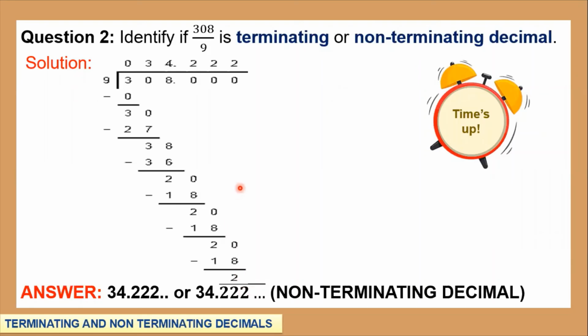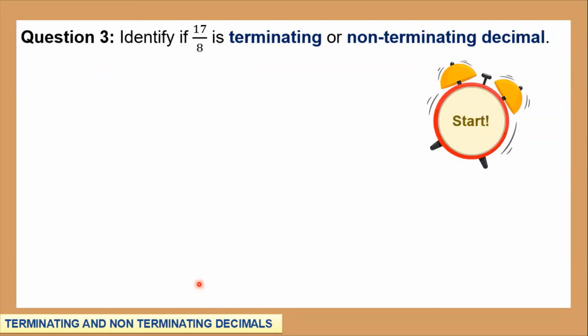Notice that in our solution, the remainder 2 keeps on appearing. So if we continue with the computation, we will not come to an end, and so we can write it this way instead.